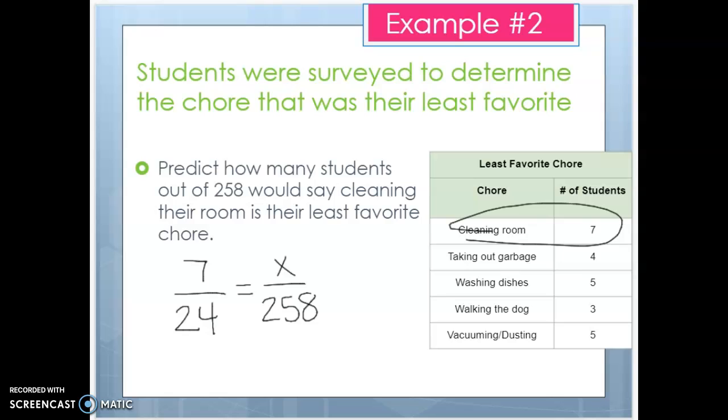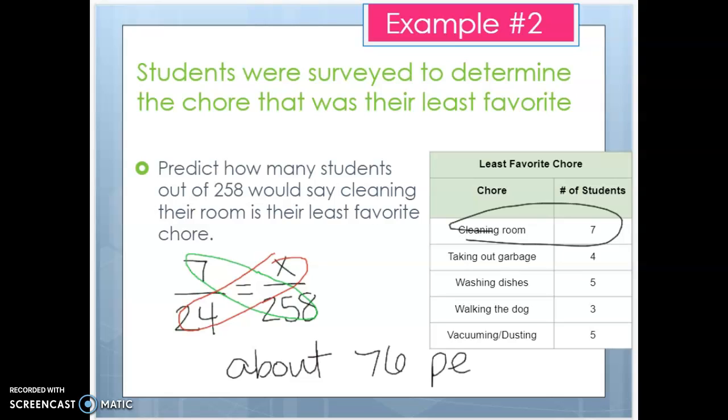Again, I'm going to use cross products, so I'm going to cross multiply 7 times 250, and then I'm going to divide that by 24. And it's going to be about 76 people.